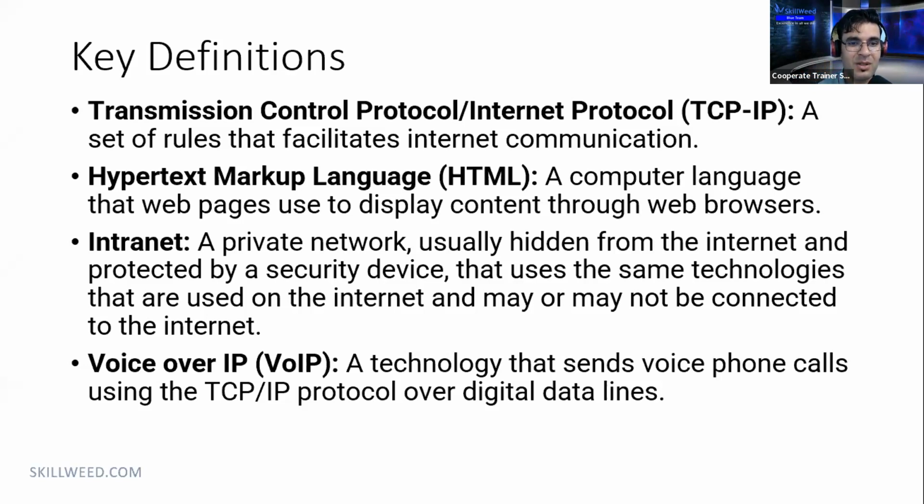And we have an intranet, a private network usually hidden from the internet and protected by a security device, that uses the same technologies that are used on the internet and may or may not be connected to the internet. So let's suppose you're living in Los Angeles, and you have just traveled to, let's suppose, Africa, right? And you wish to access your company website.